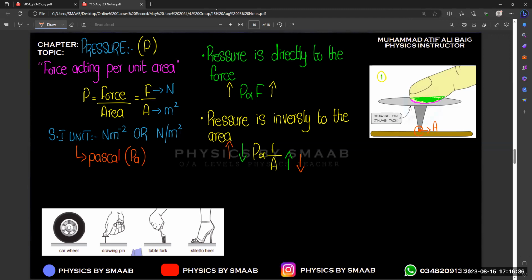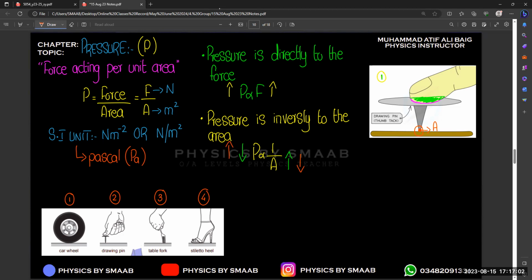No, sir. Okay, now let's consider some more examples: the tire, the thumbpin again, the fork, and the third one, the heel. Let's suppose we are walking on the beach. We usually wear flat slippers, not heels.